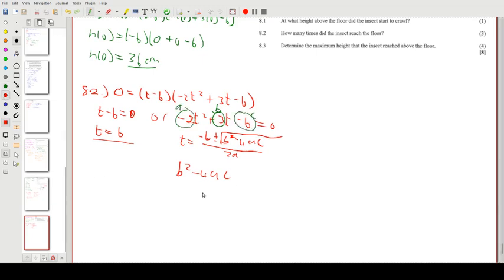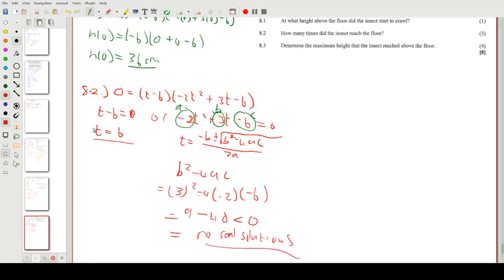So we've got 3 squared minus 4 times a, which is negative 2, times c, which is negative 6. So this gives us 9 minus, minus times minus gives us minus. 4 times 2 is 8, times 6 is 48. So that gives us 9 minus 48. Right, so that is less than 0, which means no real solutions to that part.